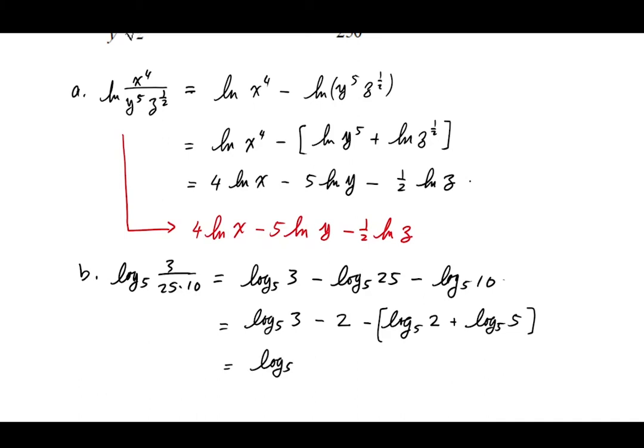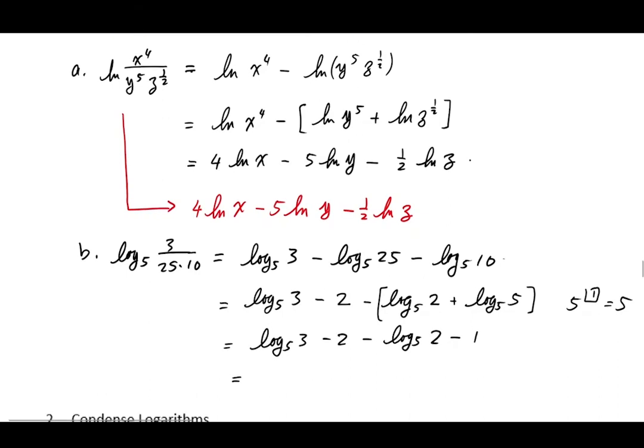So log base 5 of 5 to the third minus 2 minus log base 5 of 2. Distribute the negative sign, and that 5 to something power is equal to 5, and that's 1. So this one is 1.